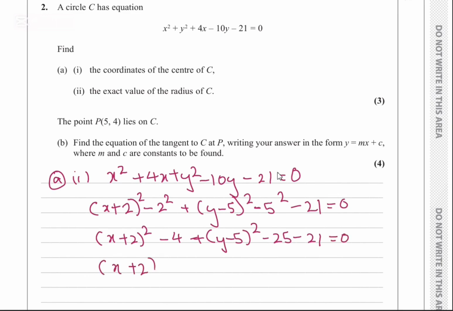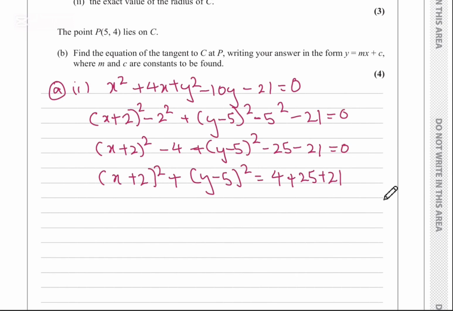x plus 2 squared, and then I'm writing the y part closer to this, and I'm taking all these numbers, minus 4, minus 25 and minus 21, to my right hand side. So I'll be left with y minus 5 squared, and on this side 4 becomes plus, 25 becomes plus and 21 also becomes plus.